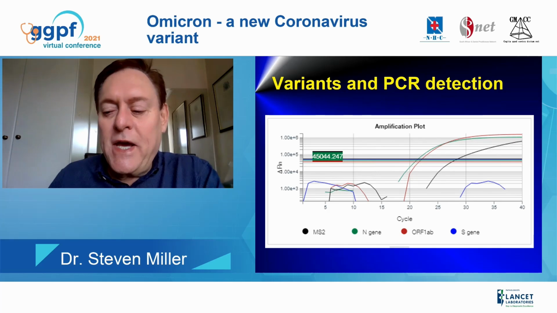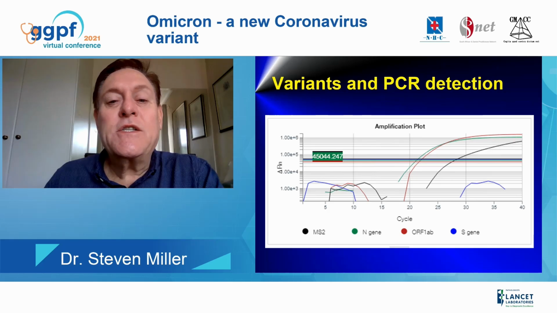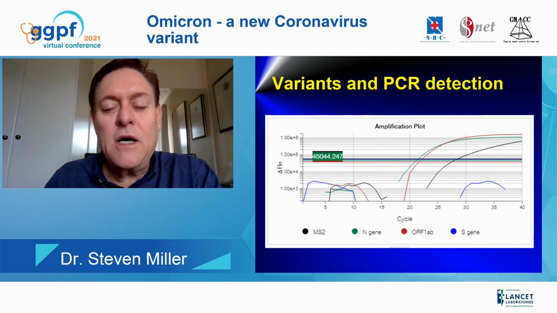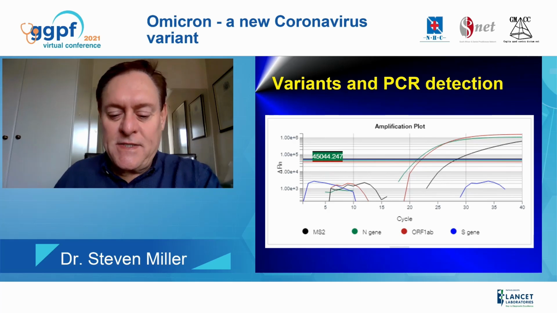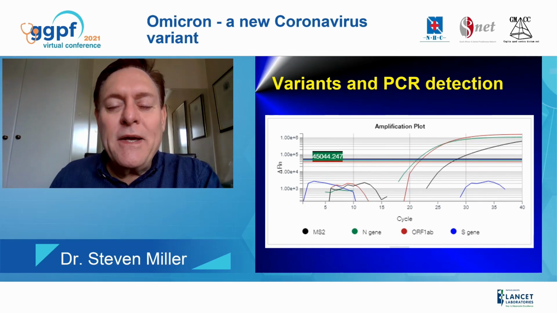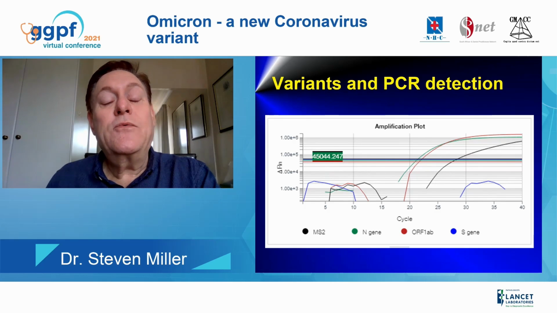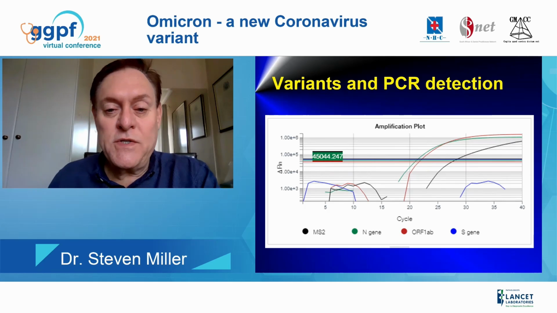So a PCR reaction is one in which one identifies a specific target. In the case of COVID, it's a gene target or several gene targets. And then one amplifies those targets and detects them. And by applying very stringent criteria to the result of the test, one can decide whether that test is positive or not.